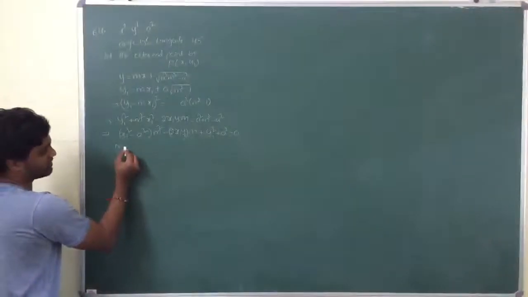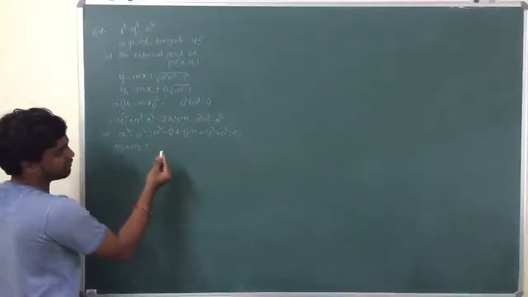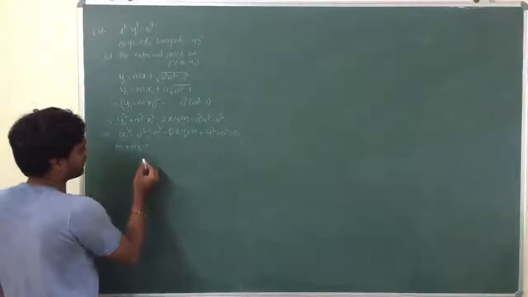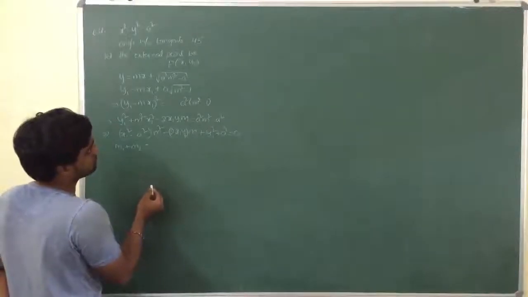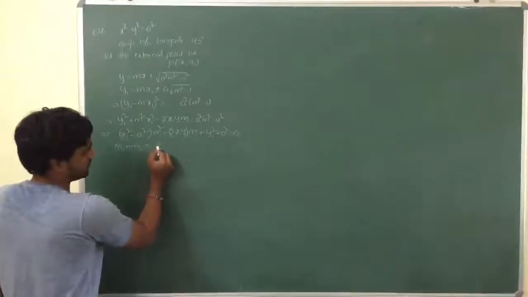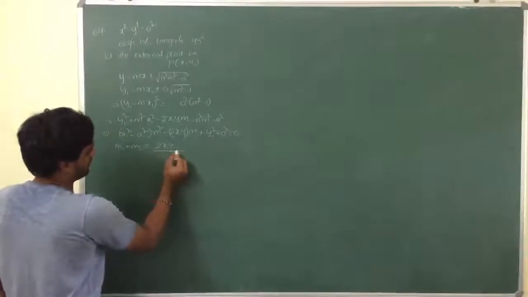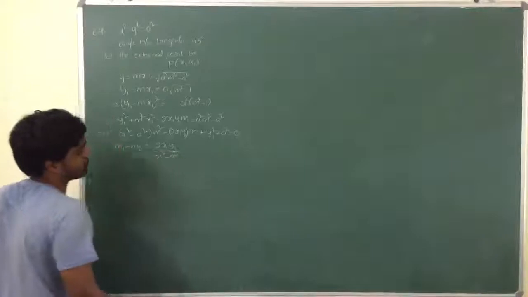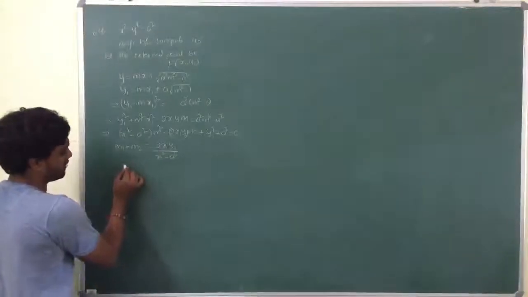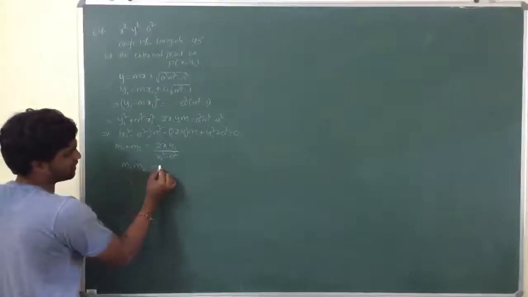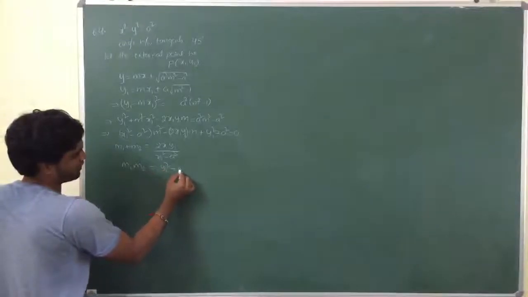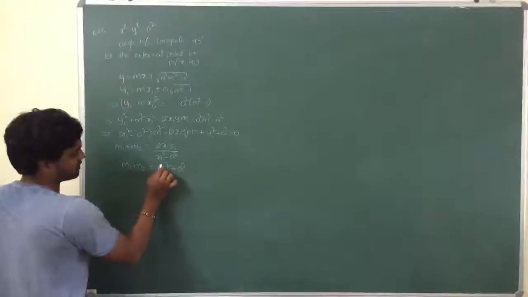So m1 plus m2 is equal to 2x1 y1 by (x1 square minus a square), and m1 into m2 is equal to (y1 square plus a square) by (x1 square minus a square).